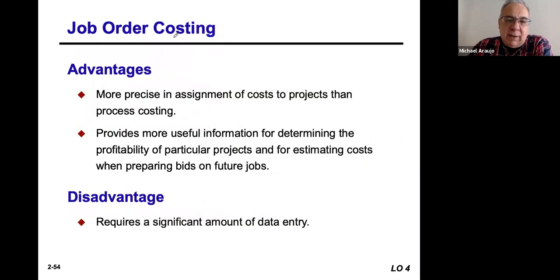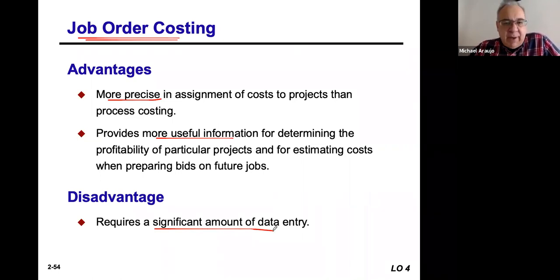So with any system, there are advantages and disadvantages. And so your book talks a bit about the advantages of the job order costing system. It's certainly as precise as it can be, and it provides an enormous amount of good information. Unfortunately, that means that there's a lot of data entry that needs to be put in.